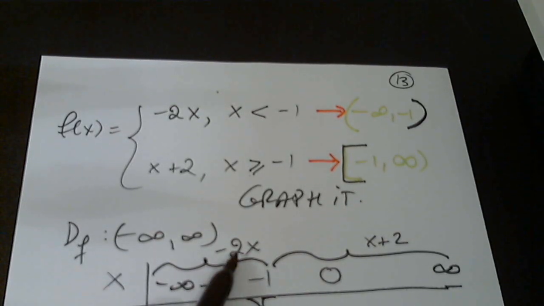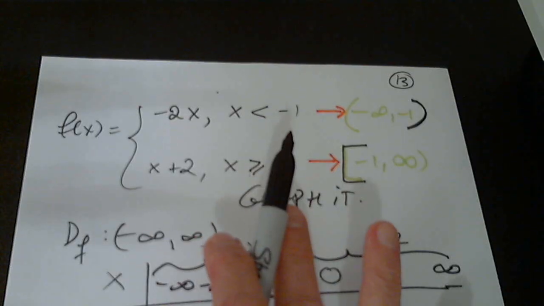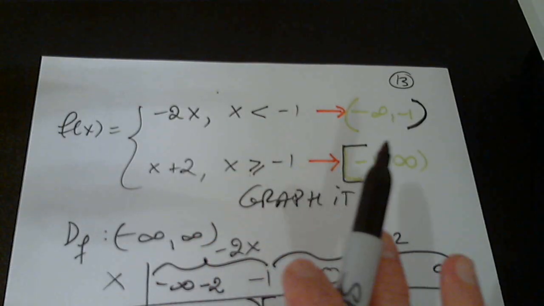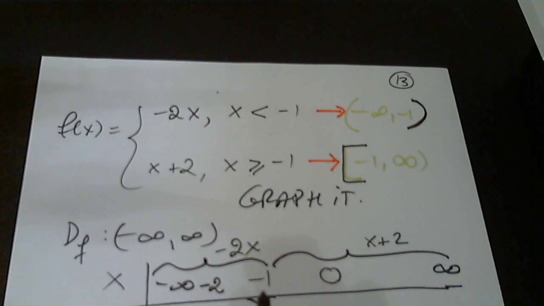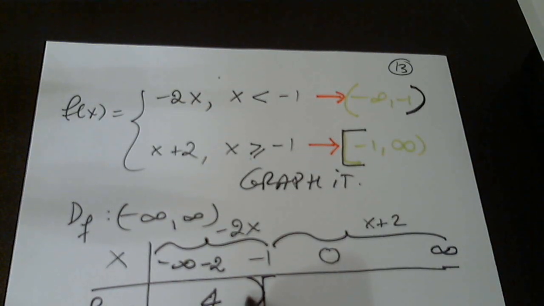Let's plug in -2. -2 times -2, what do I get? 4. Excellent. Let's plug in -1, although I know you're going to say you can't. I understand. So I will put it in and I will leave it open. When I put in -2, what do I get inside the parenthesis? 2.